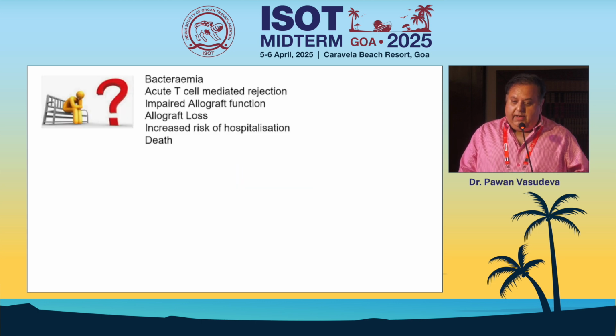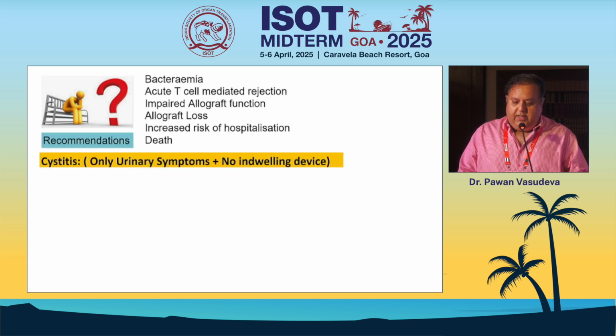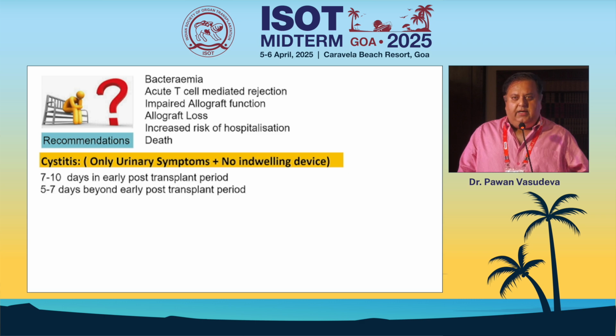Now, is UTI going to trouble your graft, when asymptomatic bacteriuria was not troubling? The answer is yes. This is well known, and this will have to be treated. If only cystitis, early on you need to give drugs for a little longer period, so it's a 7 to 10 day period.